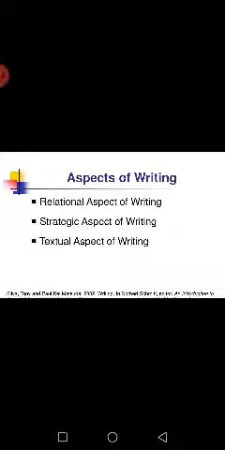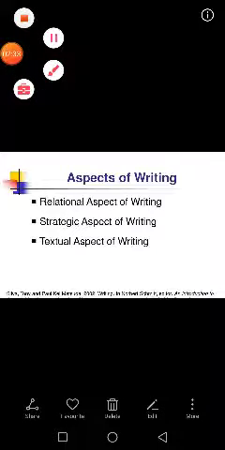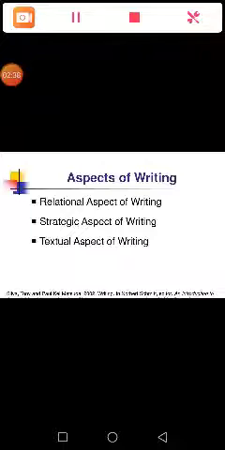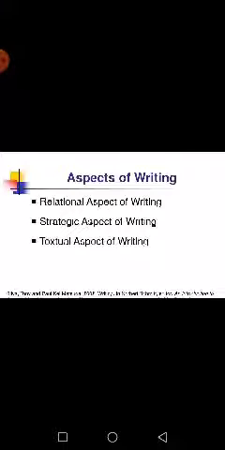So here we start with the aspects of writing. One of them refers to the relational aspects of writing, which involves the consideration of the relationship among the elements or tools of writing. While strategic aspects of writing involve the use of different procedures and methods in order to communicate our views, opinions and ideas.